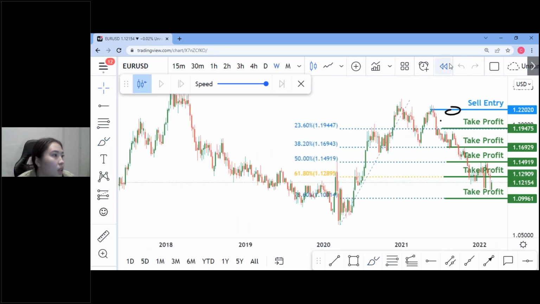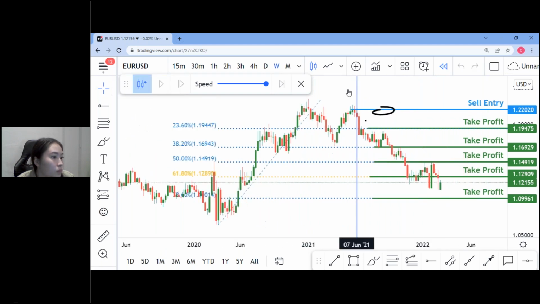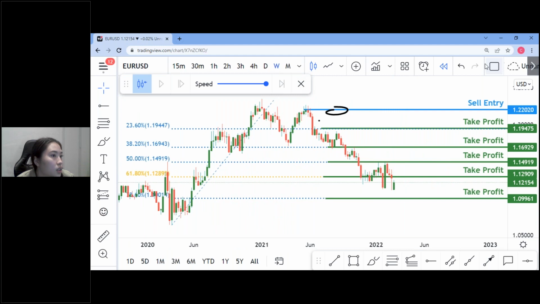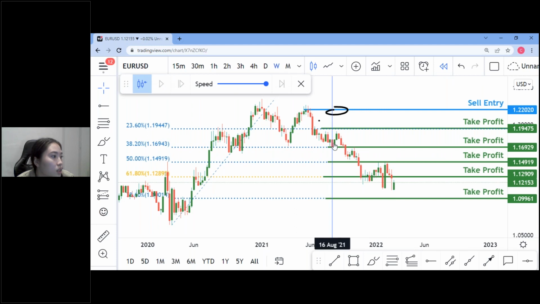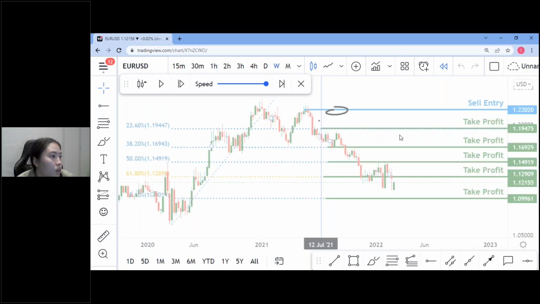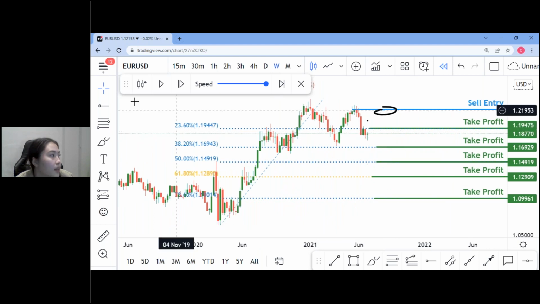Sorry, I'm not supposed to do that. Let me just get rid of this. So current price is here at this current point of time. That means price has broken the 23.6 level.